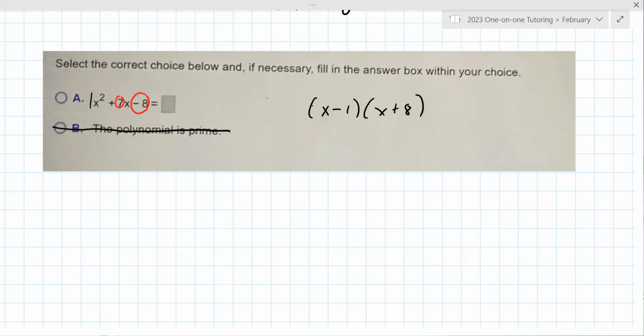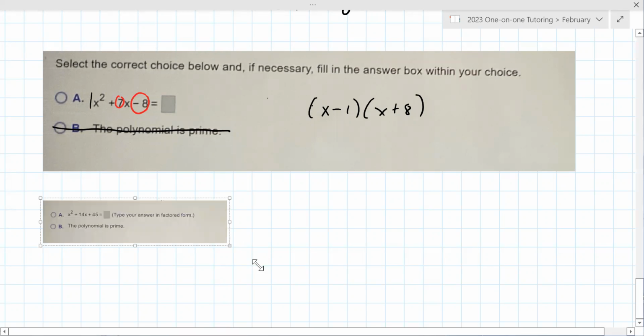All right, so any questions on that type? I mean, I can always give you another one like it if needed. Actually, number 9 is really similar. Yeah, let's go on to that one. Okay, so here is number 9.